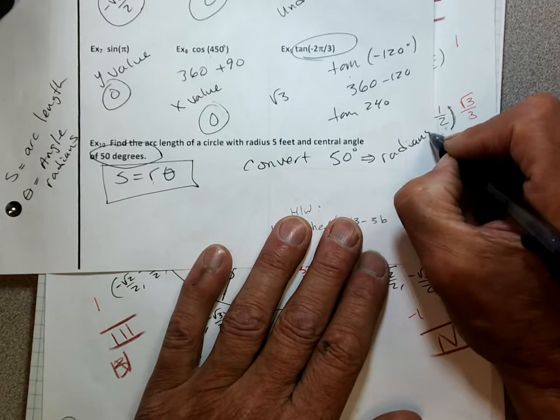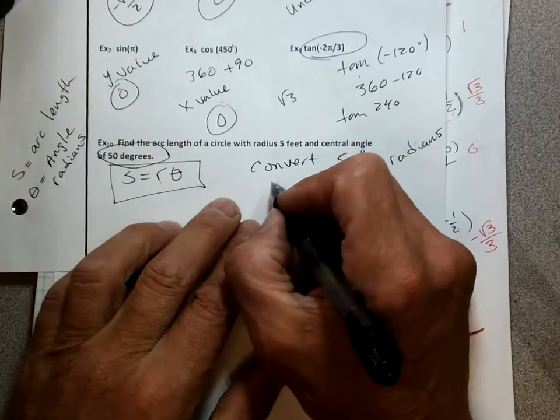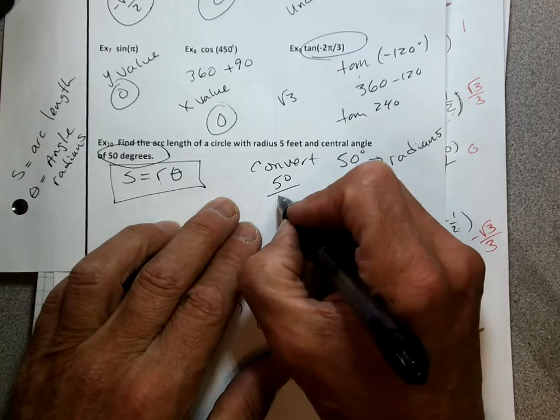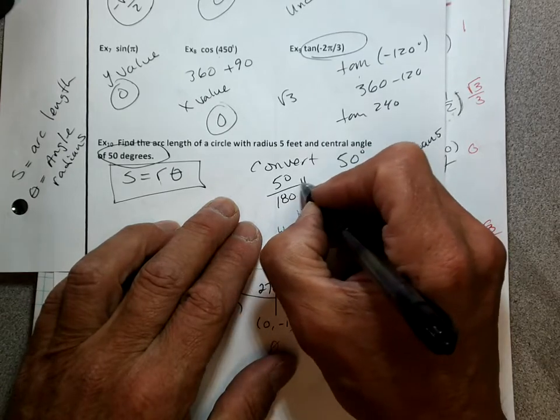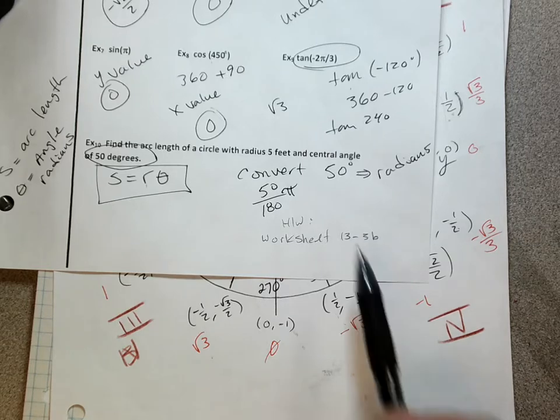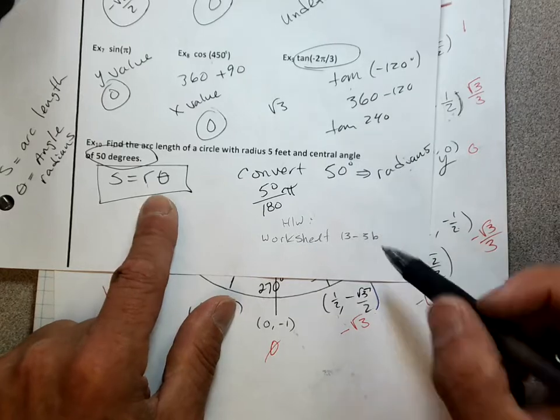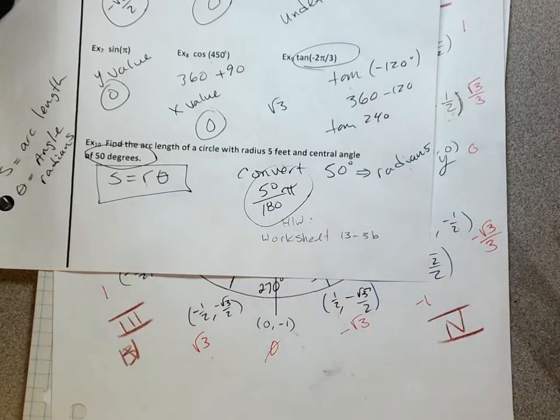Okay, remember we did that yesterday? How do we convert? We've got a little formula for converting, right? So we're going to go 50 over 180 times pi. That was our little conversion we did yesterday. I need to change my angle into radians because this formula will not work unless it's in radians. So let's go ahead and I'm just going to use a calculator because we want an arc length.